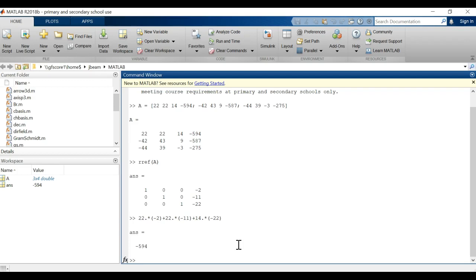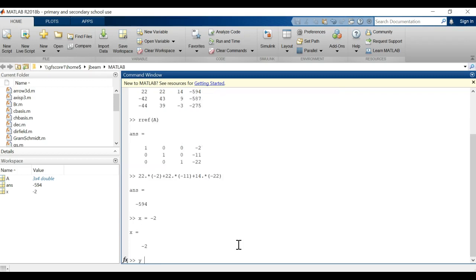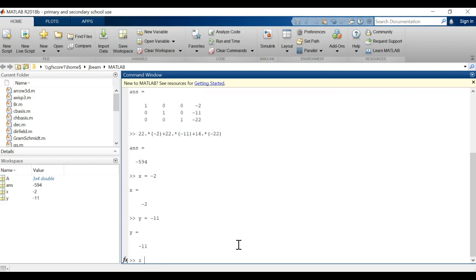If I do this with the second equation, well, let's make x equal to -2, y equal to -11, and z equal to -22, right? So in the second equation, I should say -42 times x plus 43 times y plus 9 times z, and that should give me -587, and there it is.